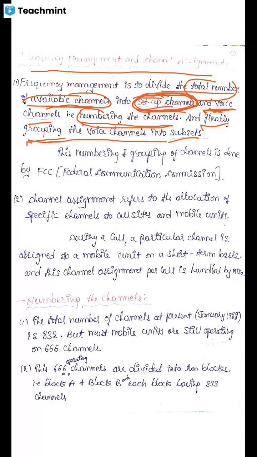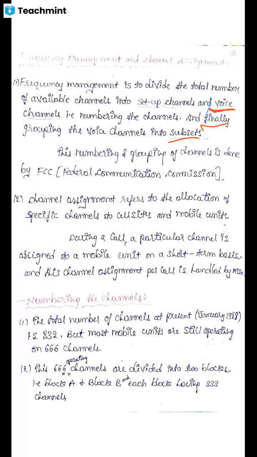So finally, frequency management means dividing the total number of channels into setup channels and voice channels. First step, we number the total available channels, and after numbering we group the voice channels into subsets. Clear?